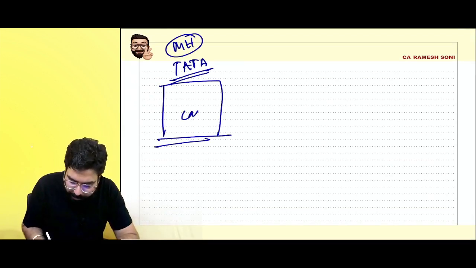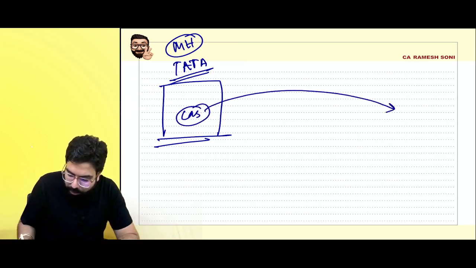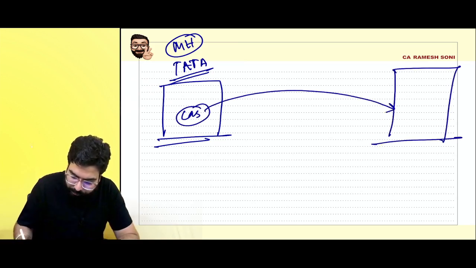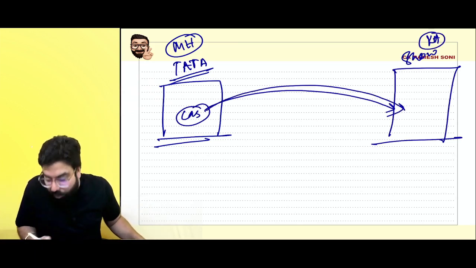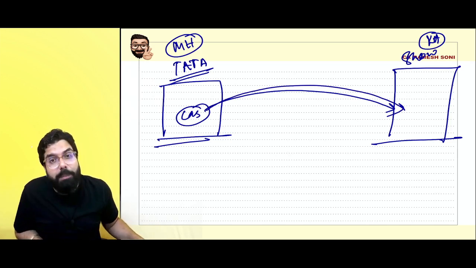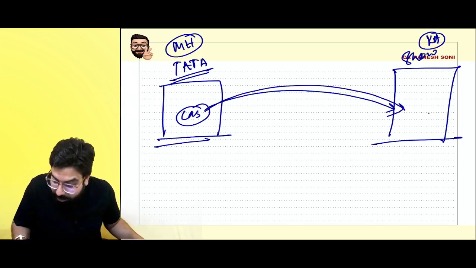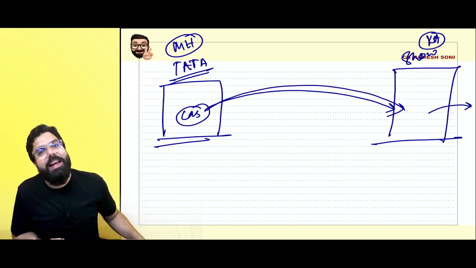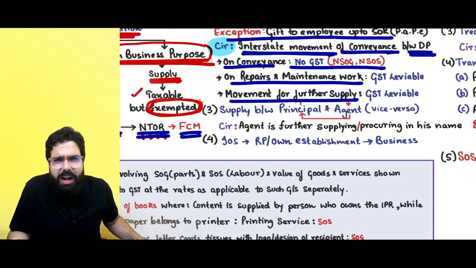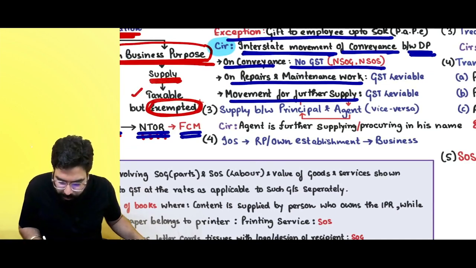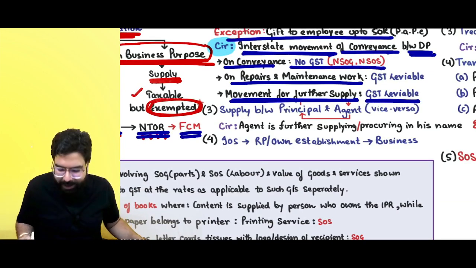Some cars are being sent from here to the showroom in Karnataka. Because both are distinct persons, when cars are going from here to here, it is a supply, because it is for further supply, means for further sale, etc. So that is what they are telling. Here the car is not a conveyance. Here the car is goods. Movement is for further supply, GST shall be leviable.